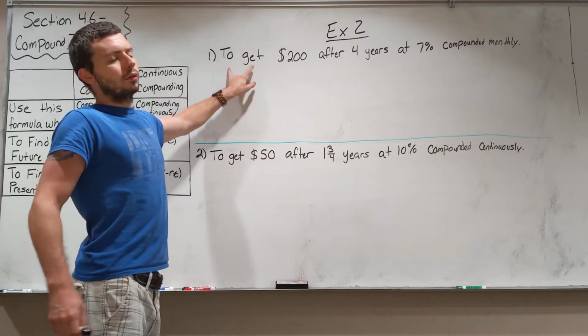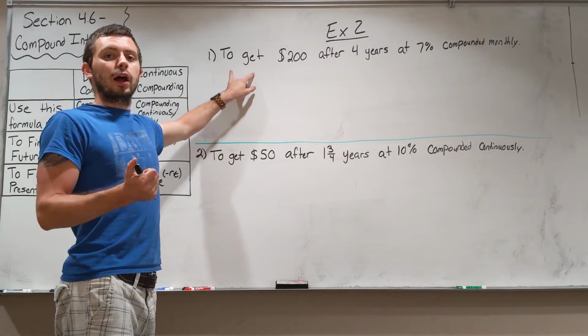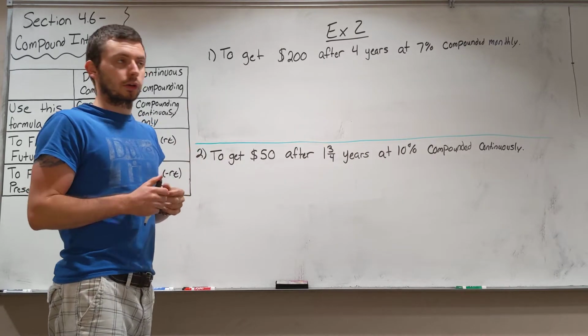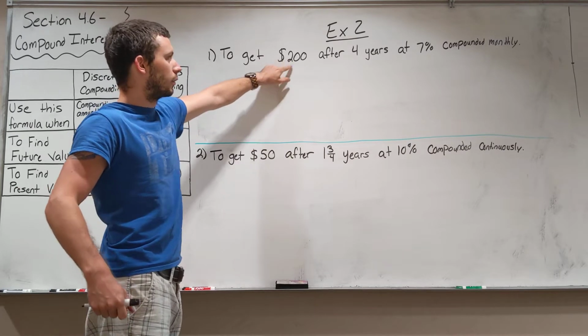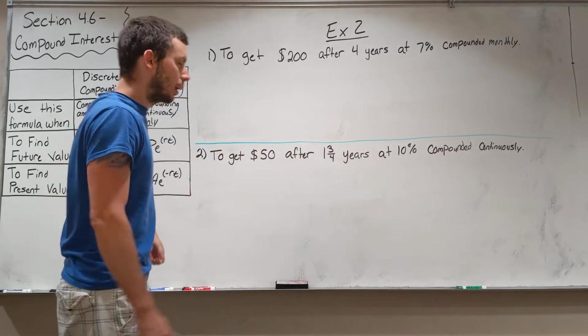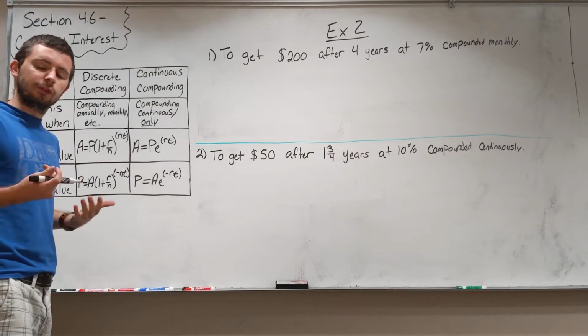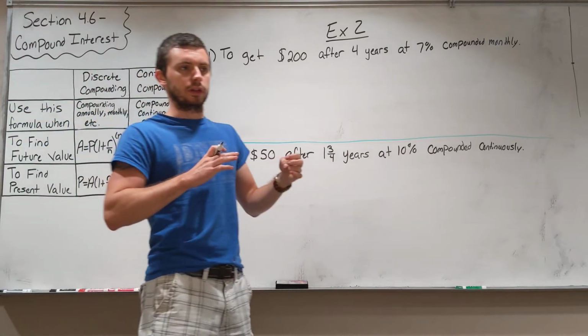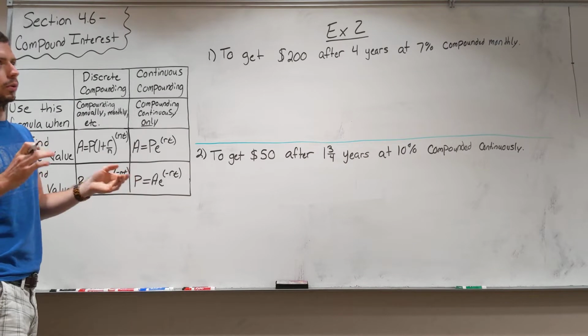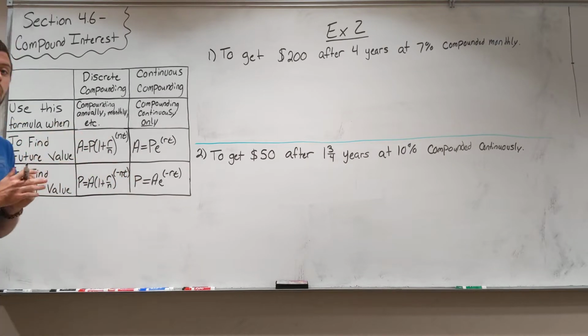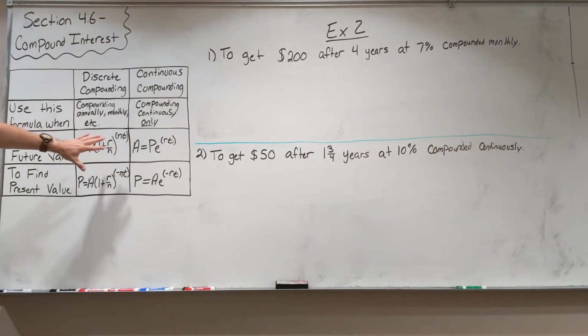The wording will also emphasize the type of variable you're looking for. To get this amount means that 200 will be a future value, and that further emphasizes, for the word problems that come up, that it'll be helpful to use the wording to identify which formula you would use.